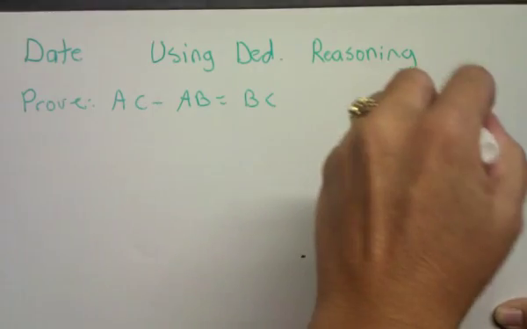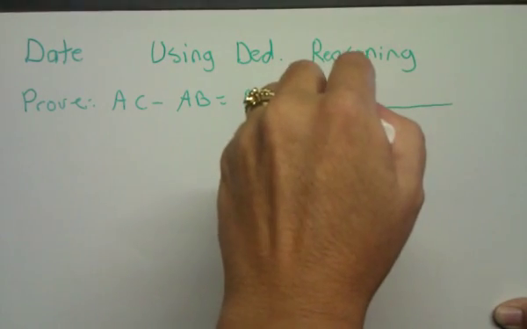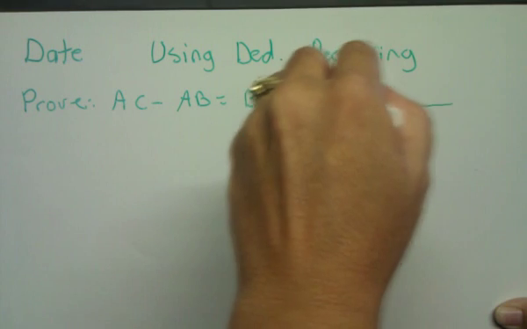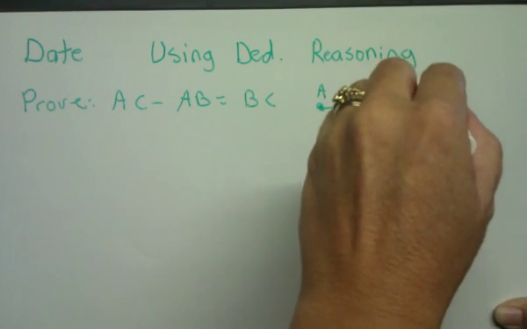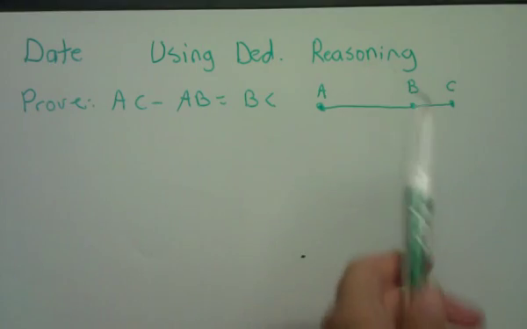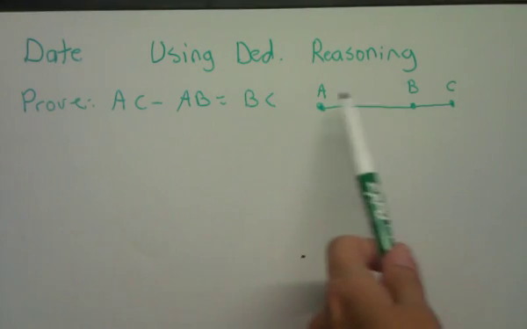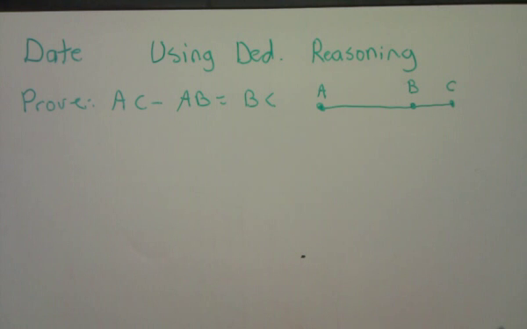Okay, and I have a line. Here's A. Here's C, and it doesn't matter where you put B, we'll put B right there. I want to prove that AC minus AB equals BC.